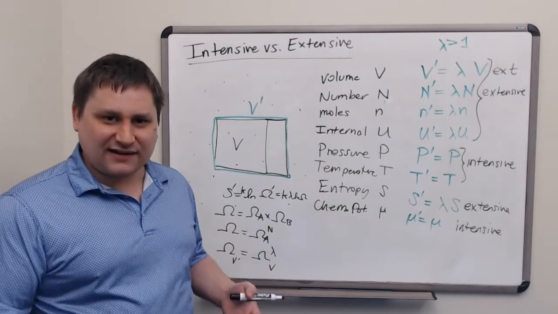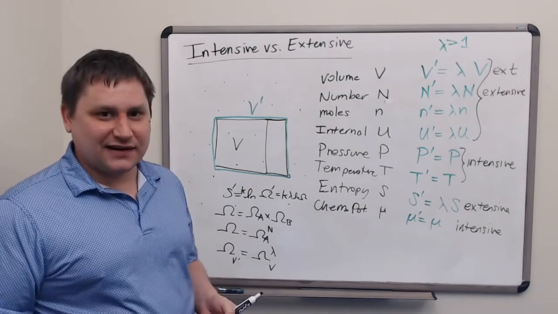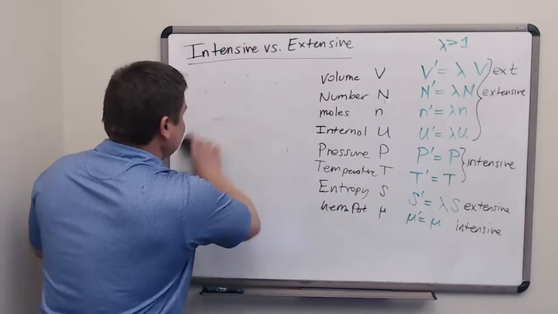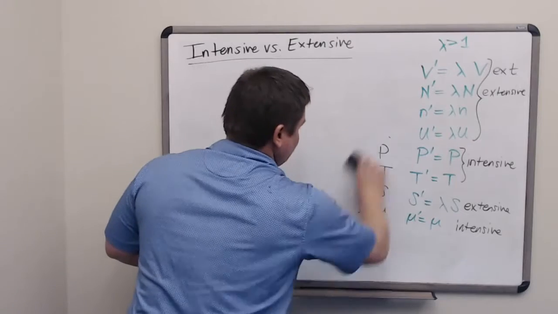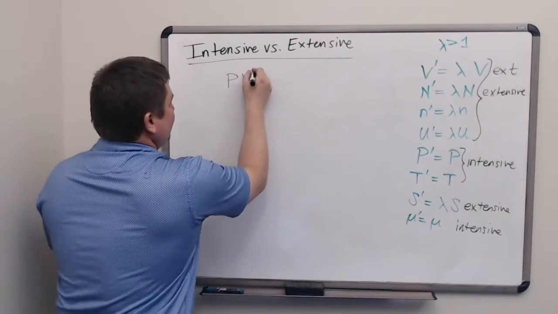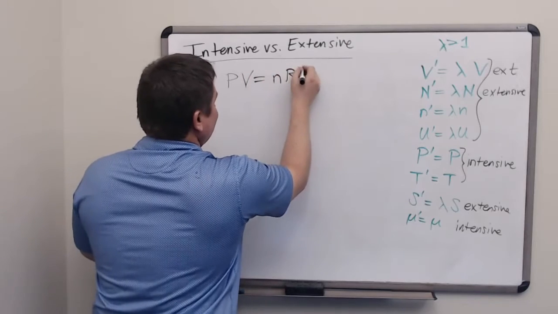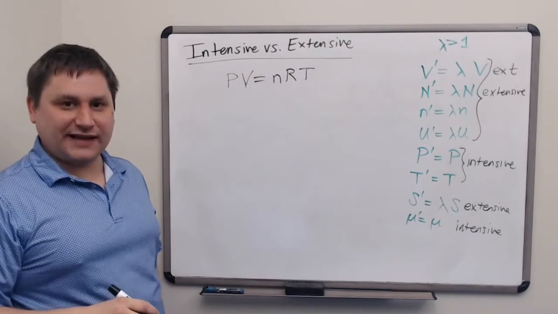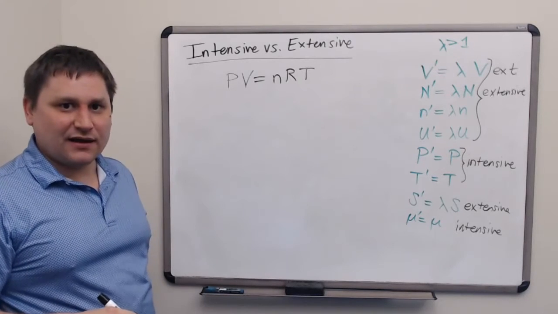So let's go back to some of our old equations and see if things make sense. Here's an old equation, the ideal gas law. Okay, so what's going on with the scaling of the ideal gas law?